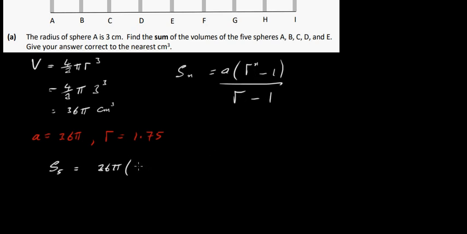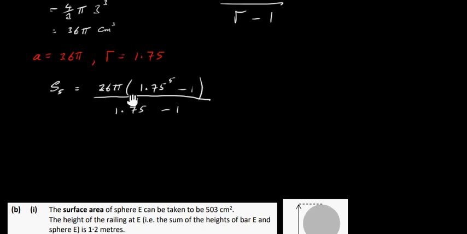Now r is 1.75 to the power of n, which is 5, subtract 1, divided by 1.75 minus 1. So this is all just calculator work again, so all you've got to do here is do this in bits and pieces.